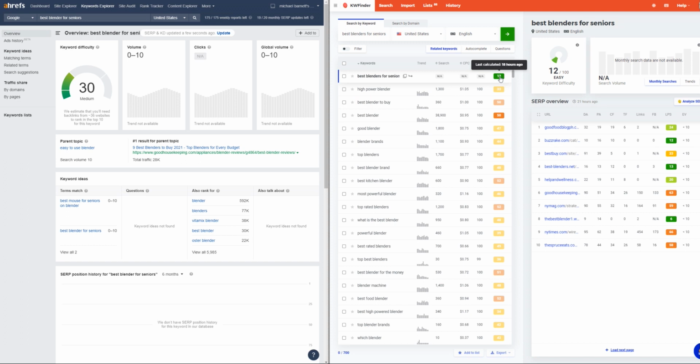KWFinder is saying it's a keyword difficulty of 12, and then you can see over here best blenders for elderly. I can remember, because I've looked at this so many times, that by the time you get down to 6, the Good Housekeeping one, that is not on point, because it's only for best blenders. It doesn't say anything about for the elderly.